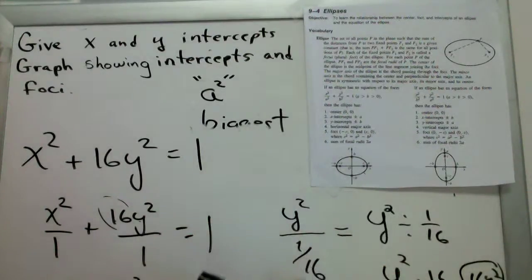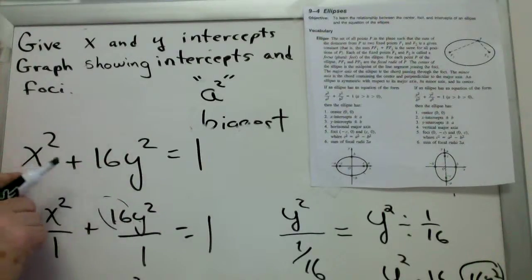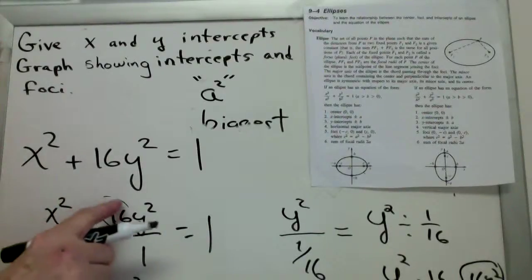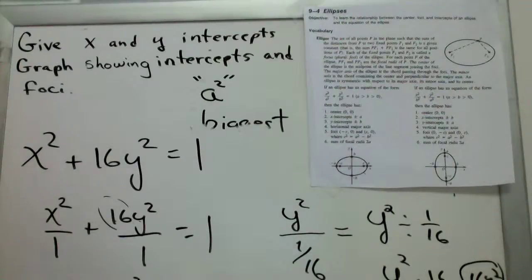So, y squared over 1/16 is a different way to represent 16y squared. So whenever there's a number in front of the x squared or the y squared term, remember you have to have coefficients of one there if you want to graph it properly, right?